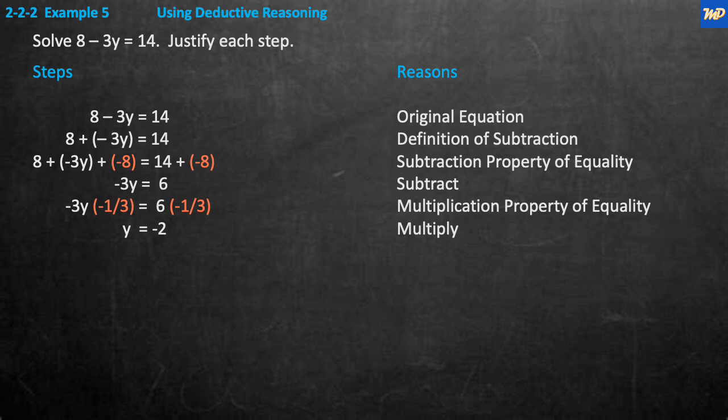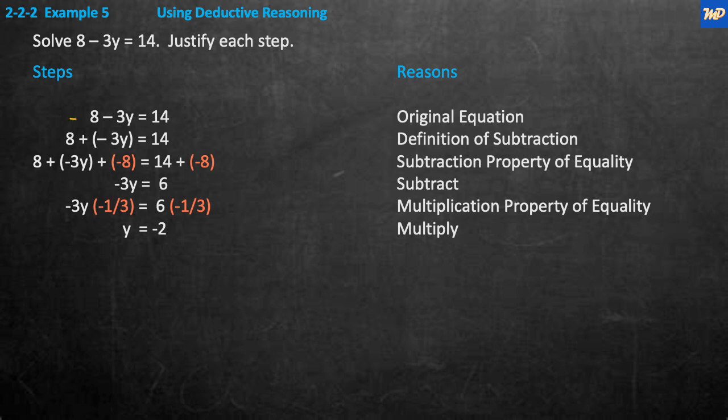That's where we're getting the deductive reasoning part. We're justifying our steps, telling everybody why we did this and what gives us the right to do this. So the first thing is write the original equation, and we did that. We're saying 8 minus 3y equals 14, and that's the original equation right there.